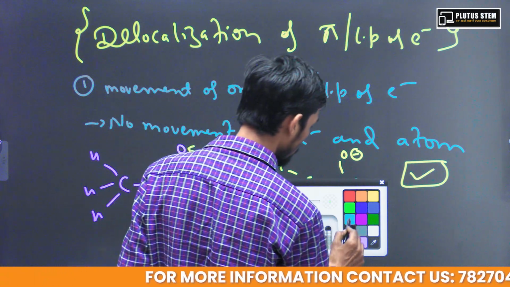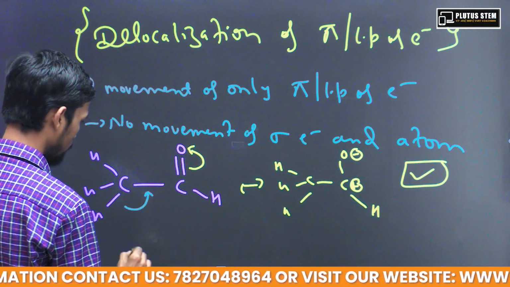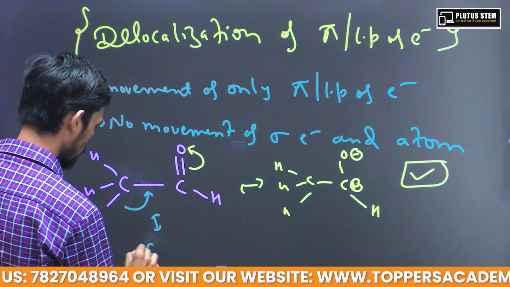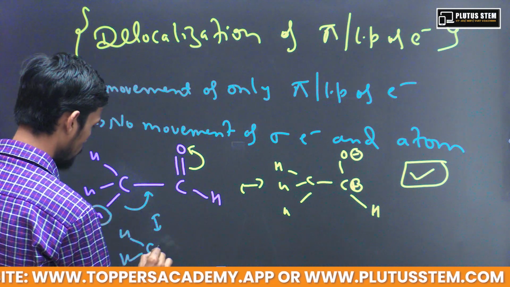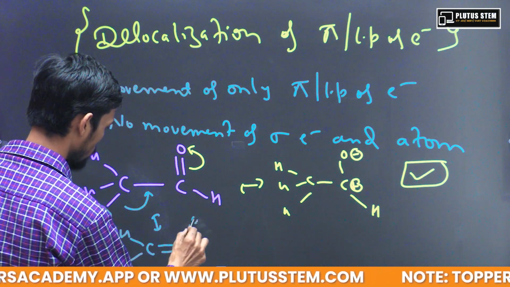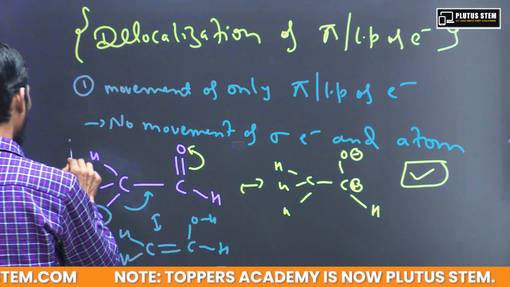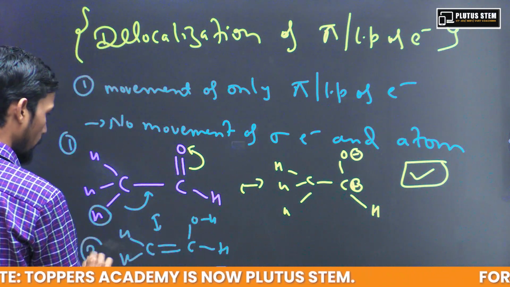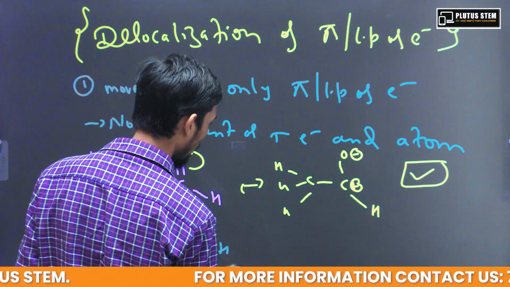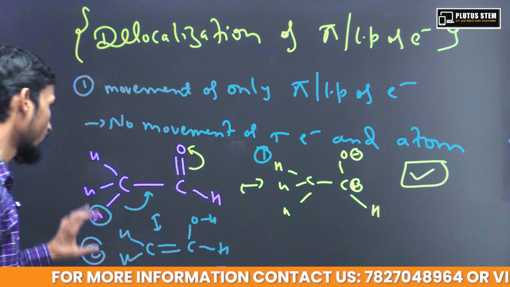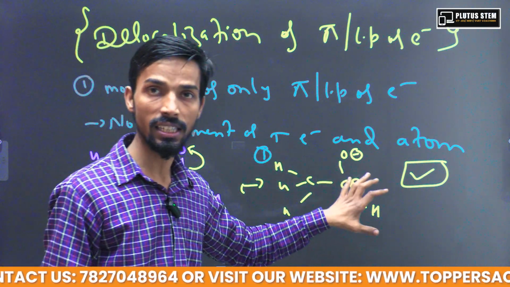But if we are doing something like this, the movement of this hydrogen, in this case, if you visualize product number 1 and product number 2, in the one, all these atoms are situated in their original state.